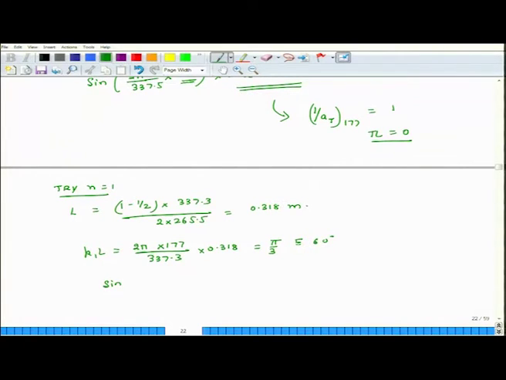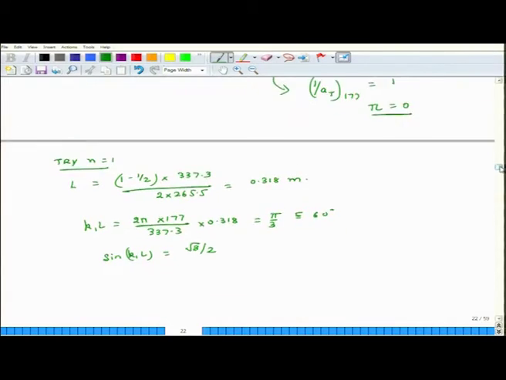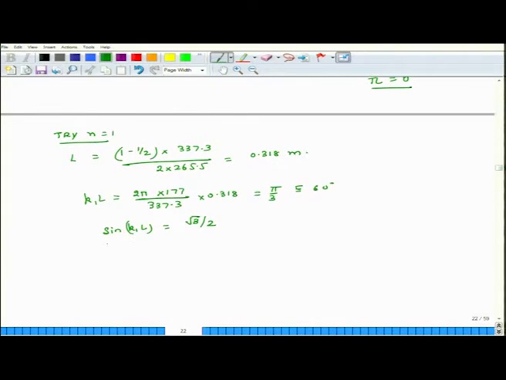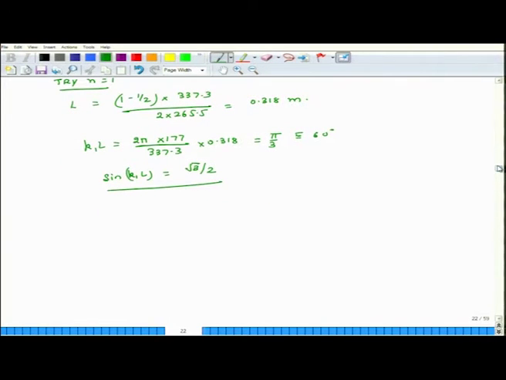So, sin of k1L is equal to root 3 over 2 in our case. So, the good thing is that it is not 0, and maybe a solution can be worked out for this value of n.